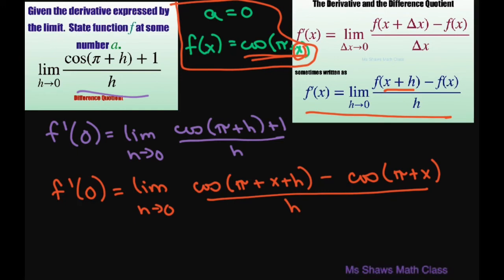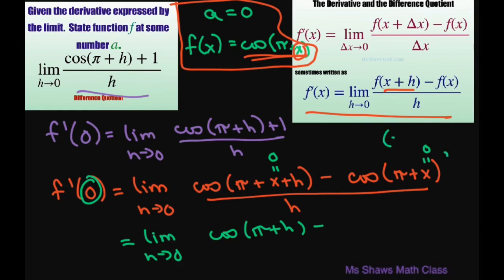Now, we're going to let our x equal 0. So this is going to turn to 0, and this is going to turn to 0. So that's going to give me the limit as h approaches 0 of cosine of pi plus h minus, this is just going to be -1.